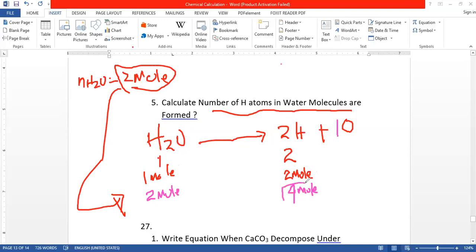So 4 mole of hydrogen is present here. And to find the number of hydrogen atoms, use this one. We know the mole. What is capital N? The number of hydrogen atoms, molecules, or ions. Capital N is equal to n times L.